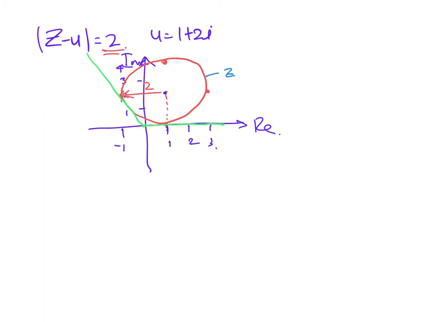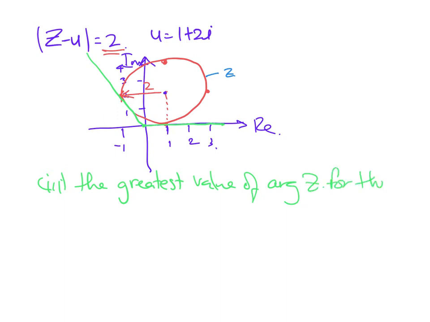So we have to consider which point on the locus will give us the greatest arg z, or the greatest angle in this case.